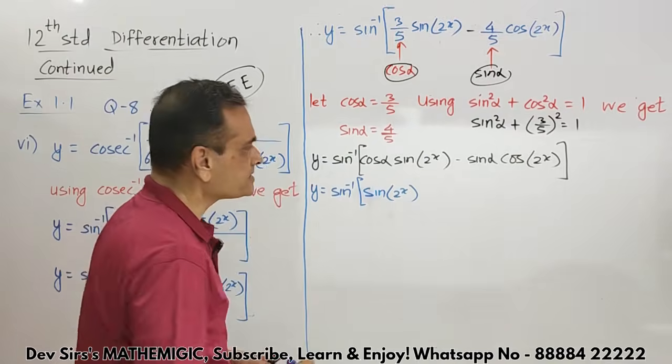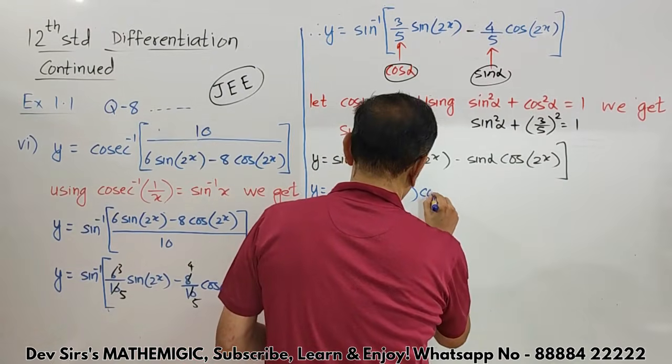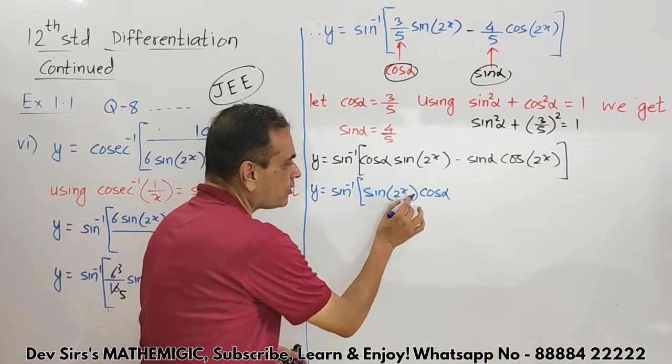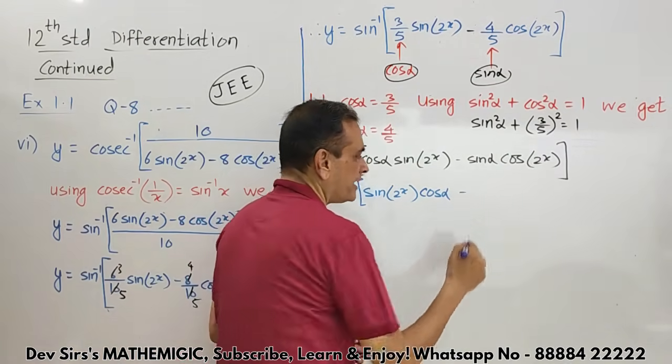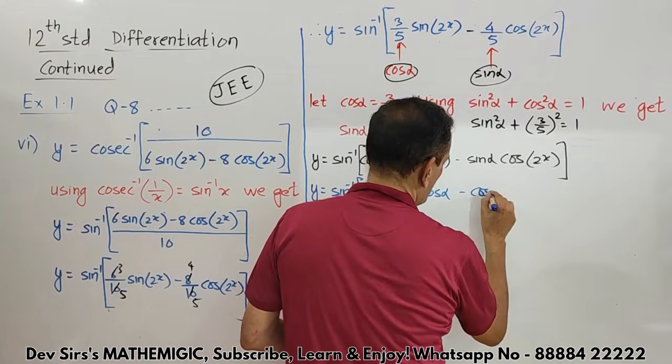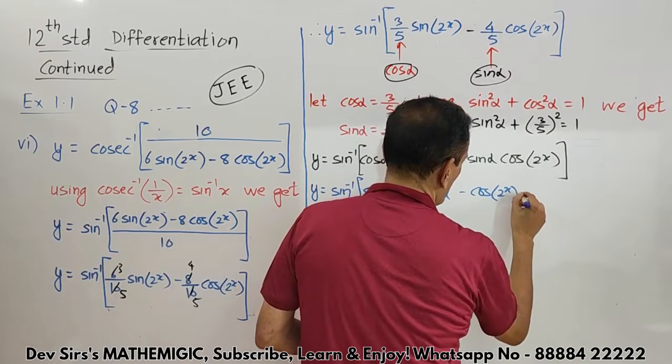Sin of 2 raised to x cos alpha. So if you take sin cos over here, on the right hand side you have to reverse it, take cos first. I'll tell you the reason.